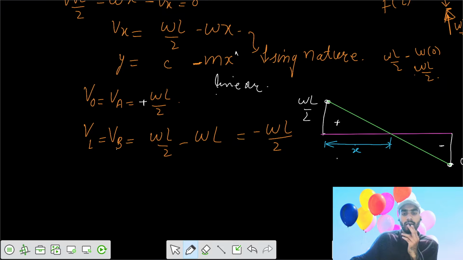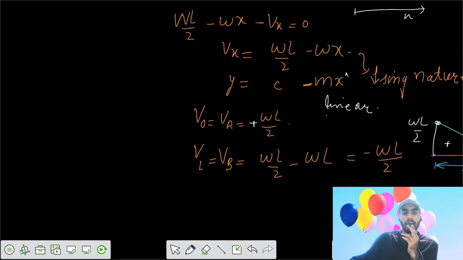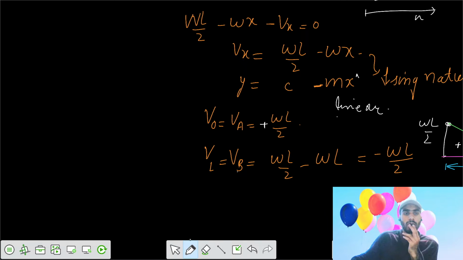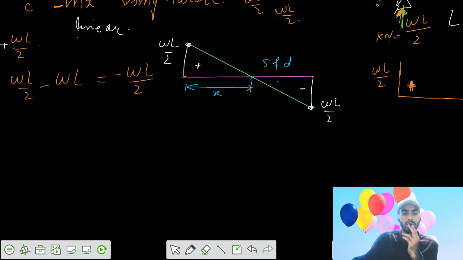At that x, the shear force becomes 0, or we can say the shear force changes its sign at x from A. So if we substitute the shear force as 0 and solve, we get x equals length L by 2. So at the mid span, your shear force becomes 0.